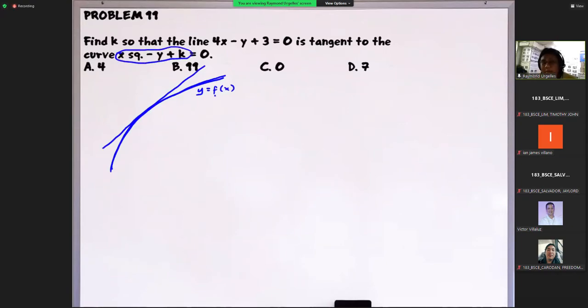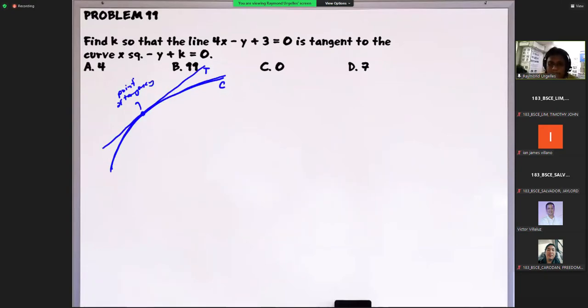Anyway, that is our curve, which I will call curve C. This is our tangent line, which we call T. We can see that we have a common point here. This common point is what we call the point of tangency. This is the main concept we need here: the point of tangency is part of the tangent line, and it is also part of the curve.